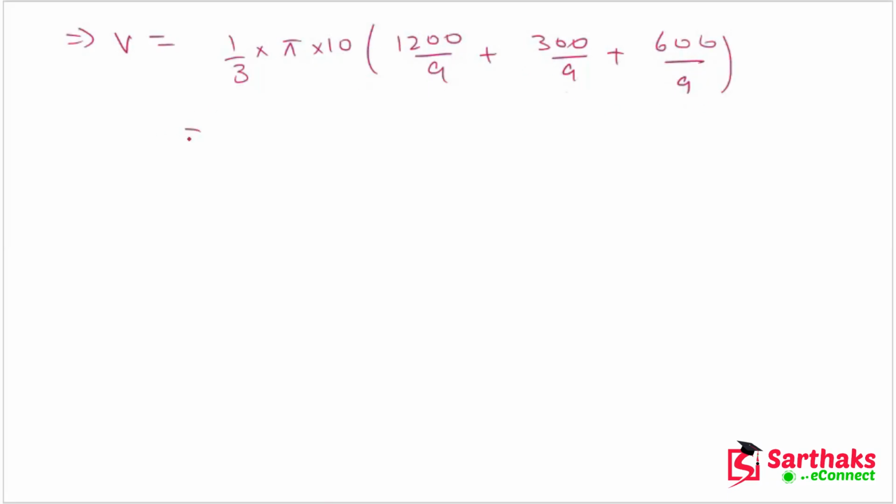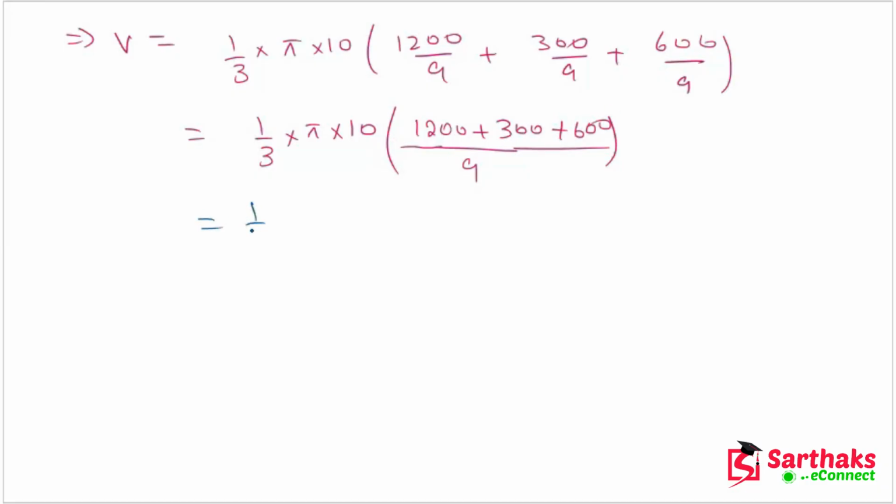If we solve this, we get 1 upon 3 into pi into, with 9 in the denominator, 1200 plus 300 plus 600. So 12 plus 3 is 15, 15 plus 6 is 21. So this will become 2100 upon 9.